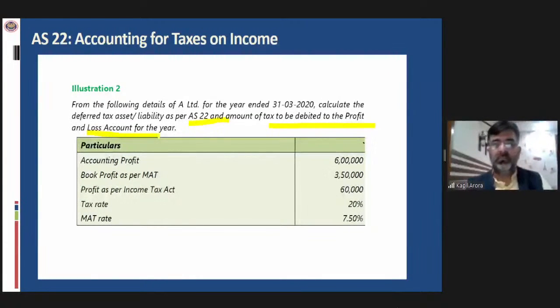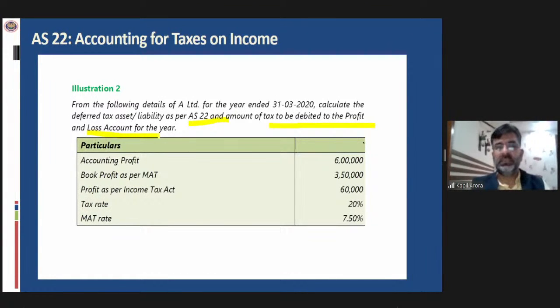When you have recorded an expense in the books, but the tax department has not given any benefit to you right now. The tax department will give you the benefit later. That is where you have to record this as deferred tax asset. I hope this is fine with everyone. Right.